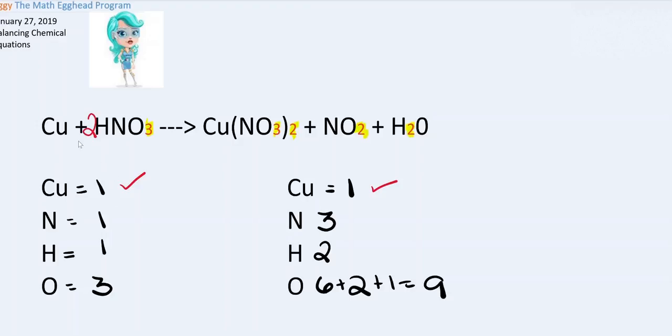Now that changes everything on this particular side, on the reactant side. So 2 hydrogen, 2 nitrogen, and now we have 6 oxygen. Okay. The next thing we are going to do is that there are 2 nitrogens on the reactant and 3 on the product side.